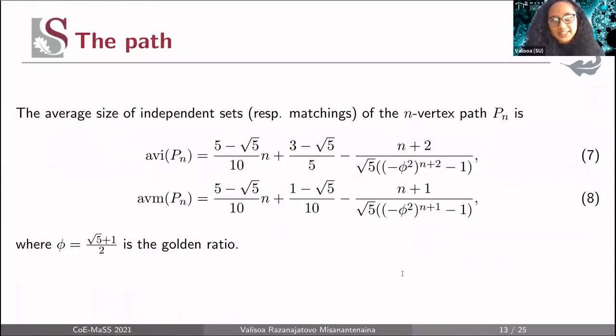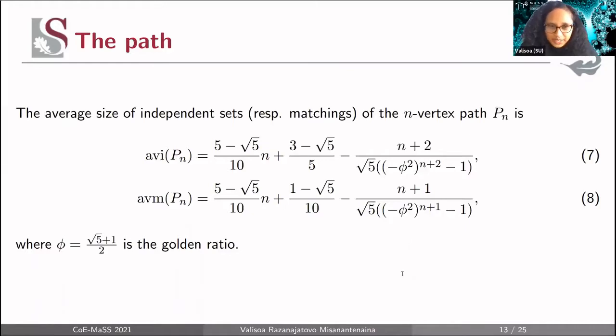And now let's move to the path side. So the first thing we wanted then is an explicit formula for the average size of independent sets of an n-vertex path. And we know that the number of independent sets of a path follows a Fibonacci recursion. It is as well proved by Prodinger and Tichy.